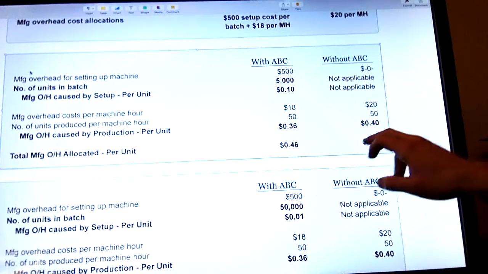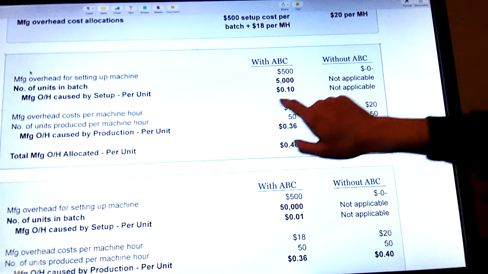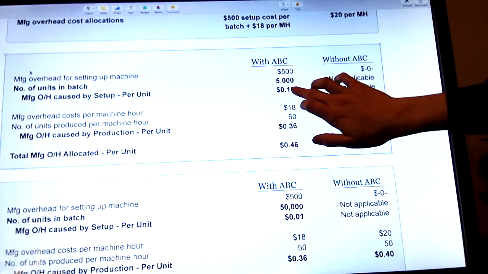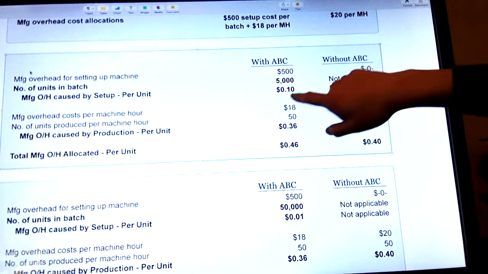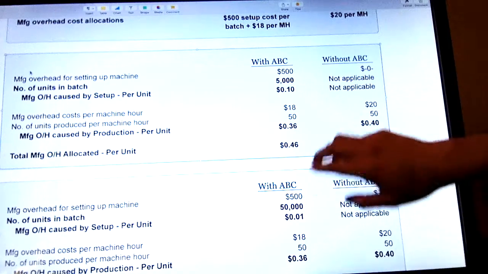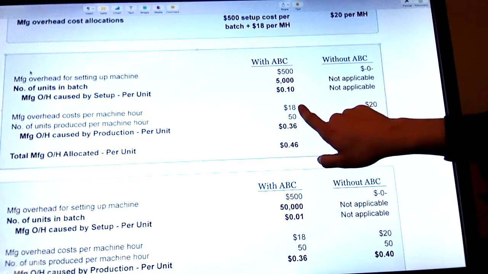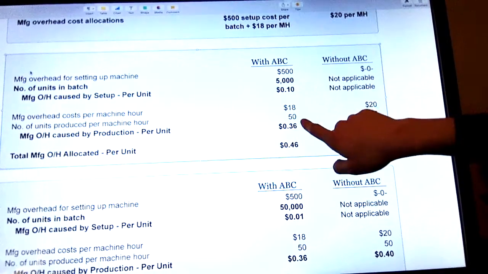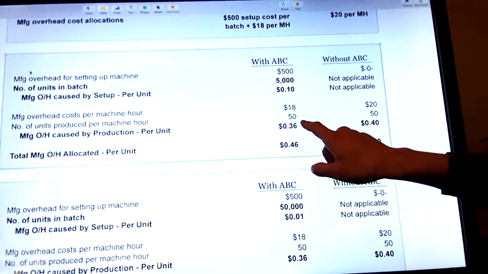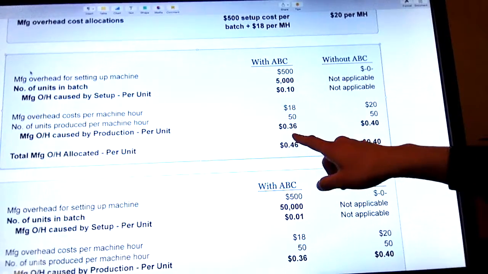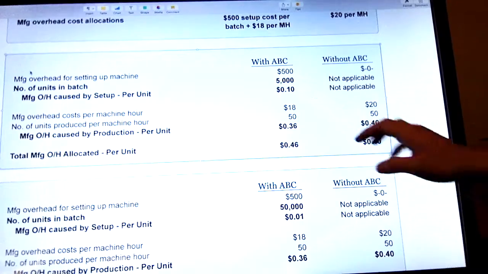Whereas over here, we're going to allocate costs to the setup. So it's going to be 10 cents per unit. And then right here, we're going to have our $18 per machine hour as determined up there, which is a little more accurate. That will give us a different cost right here, 0.36 per unit of production.